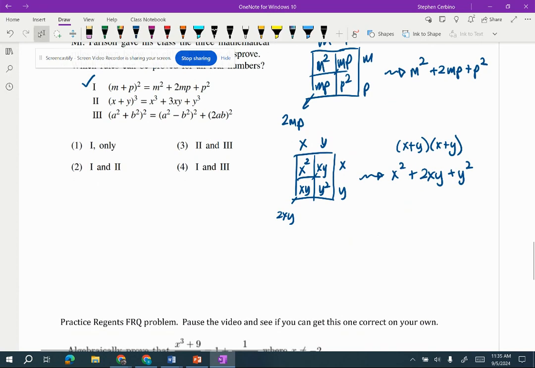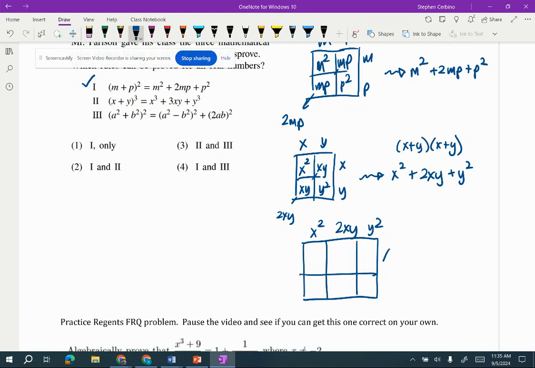We have to multiply another x plus y to this expression. So I need to make another set of boxes here. So we have x squared, 2xy, and we have y squared. And we have to multiply another x plus y. So we have x squared times x, which should be x to the third. We have 2xy times x, which would be 2x squared y's.